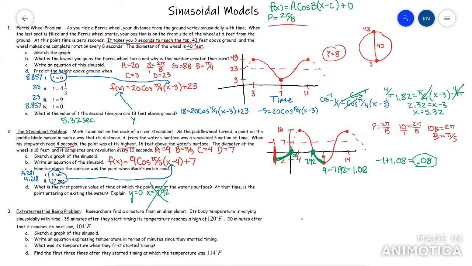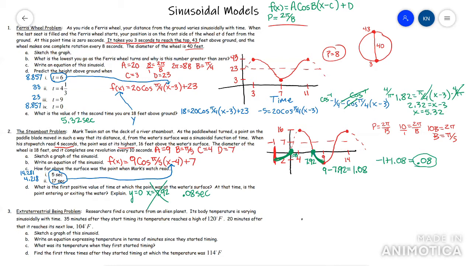So my answer is not 7.92 because they said the first positive value. The first positive value was 0.08 seconds. Again, we knew it hit right here. We knew this distance was 1.08 to the bottom of the hill, which means then if you go back a period and you got the bottom of the hill, this distance is going to be the same as this distance. And as long as you add that 1.08 to the bottom of the hill, as long as that value is positive, it's your answer. I know that was confusing. I'm sorry. I'm doing the best I can here.